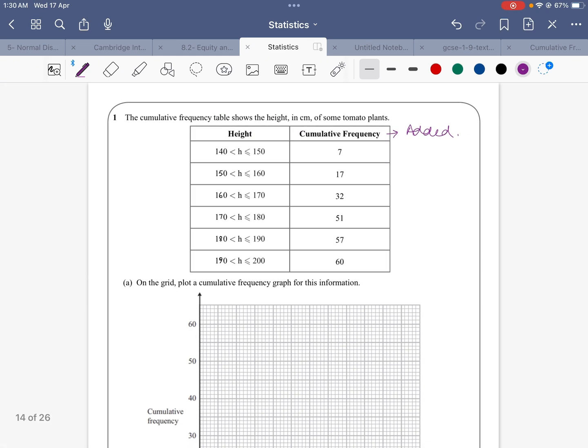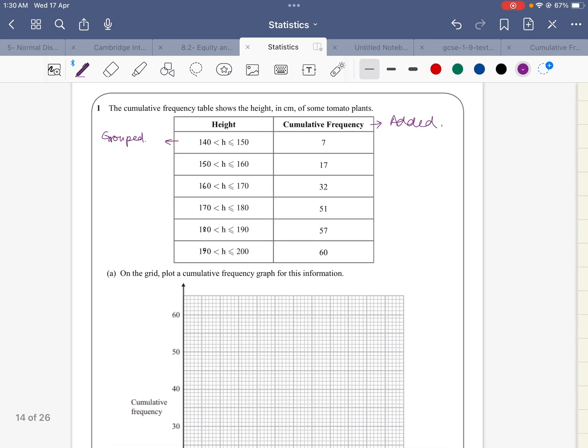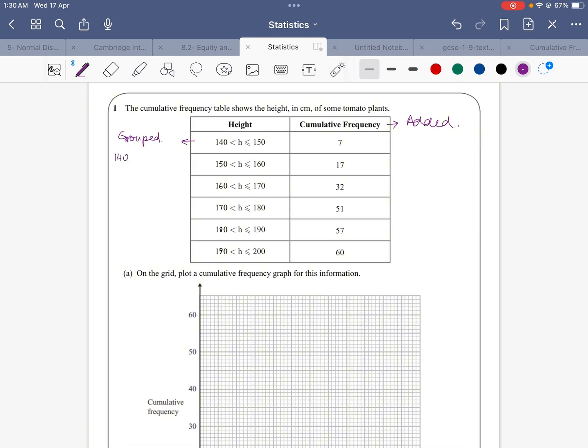For example, this one. First thing you need to know: cumulative frequency is always for grouped data. Grouped data means you have a class interval which looks like this. This is the lower class boundary, this is the upper class boundary.